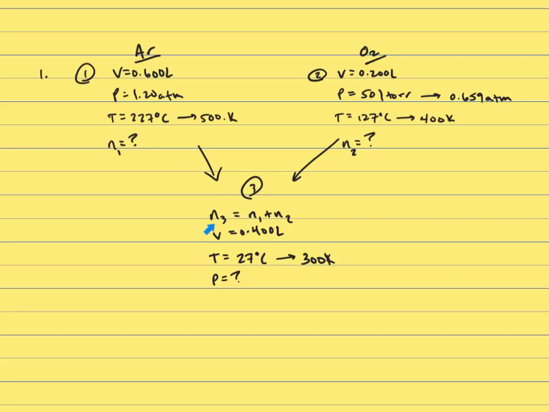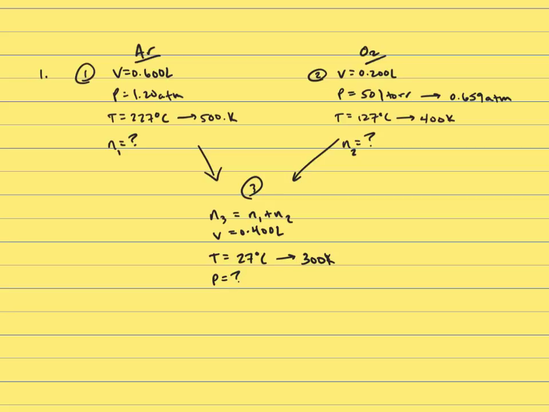When I add them together, my number of moles in situation number 3 is moles of argon plus moles of oxygen. It tells us our volume was 400 milliliters or 0.400 liters, it gave us a temperature, and it wants to know the pressure. So the first thing I have to do is take these two situations and solve for the number of moles, add those together, and then we can figure out what the pressure is.